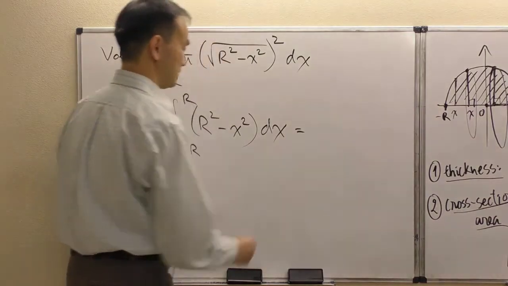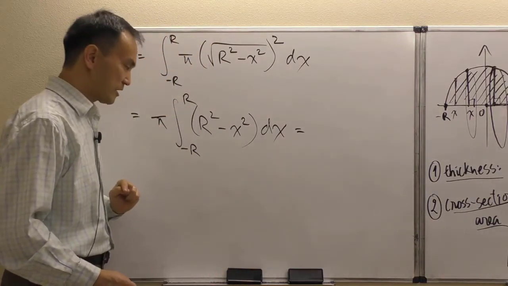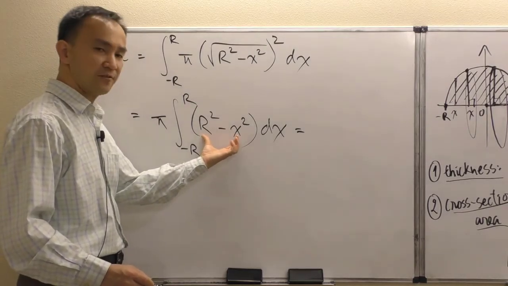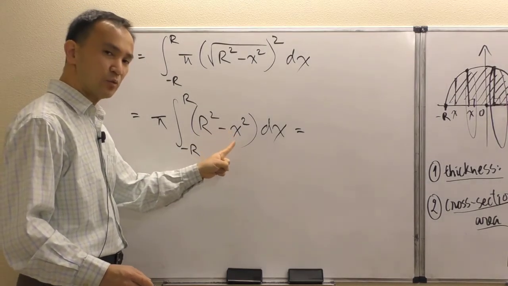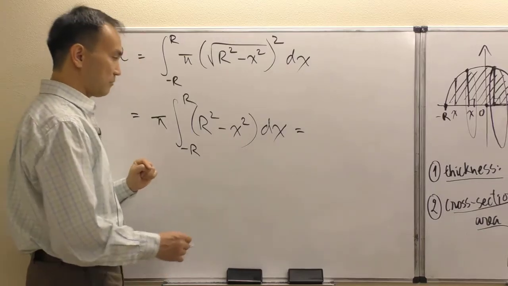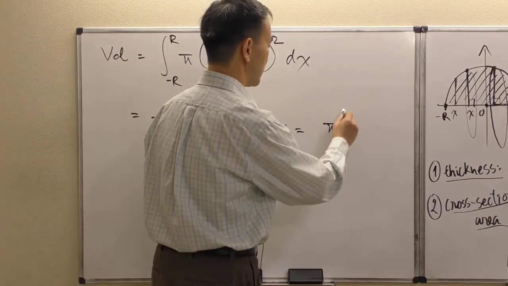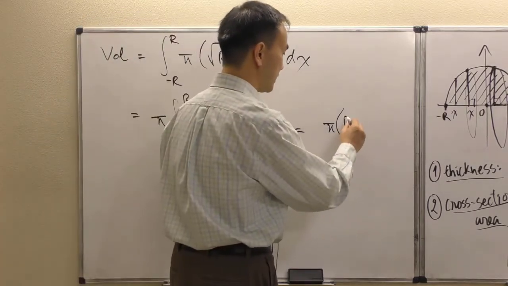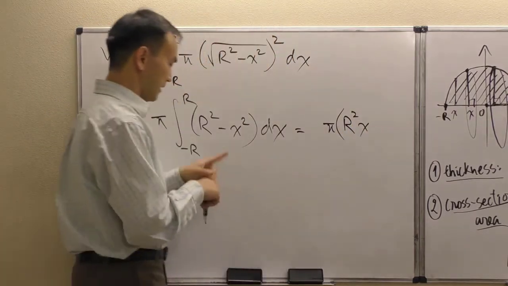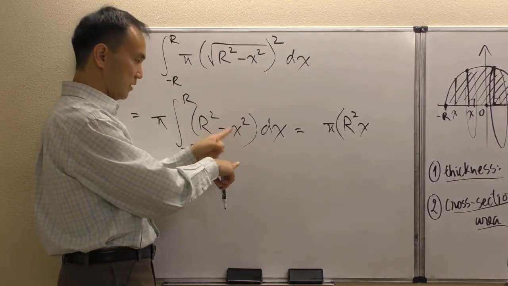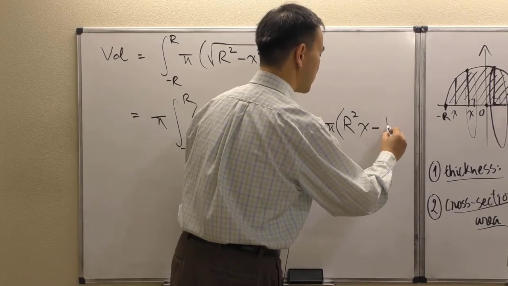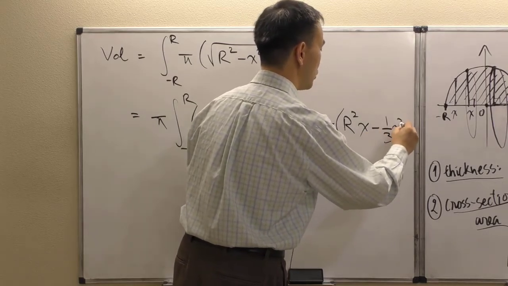Now, the fundamental theorem of calculus says that we can just simply find the antiderivative of this function with respect to x. So I'm going to have pi times, if the first term is just a constant, then taking the antiderivative gives me r squared x. And the next term, with x squared and a minus in front, is going to become minus 1/3 x cubed.